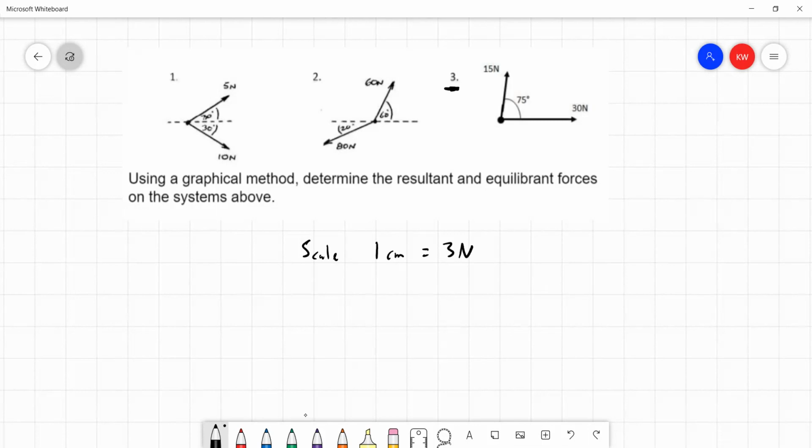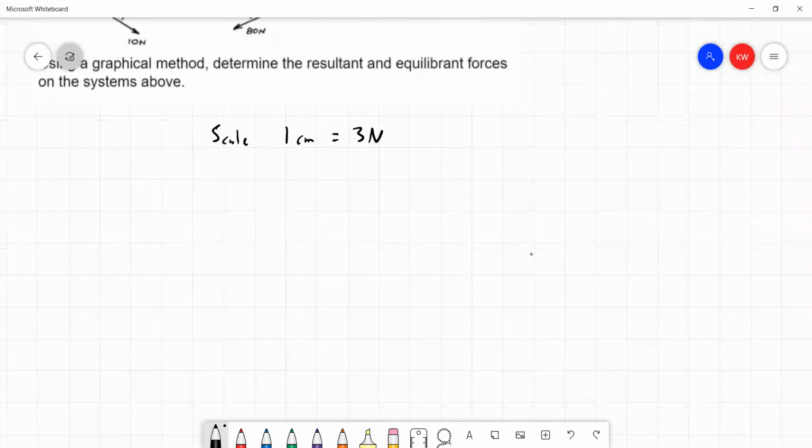So we divide by 3 to get the number of centimetres we need to use, and we'll measure our angle between them. Our life is made slightly easier this time because the 30 Newton line is horizontal, so we only have to measure the angle up from there, but we'll still take great care to make sure we do everything correctly.